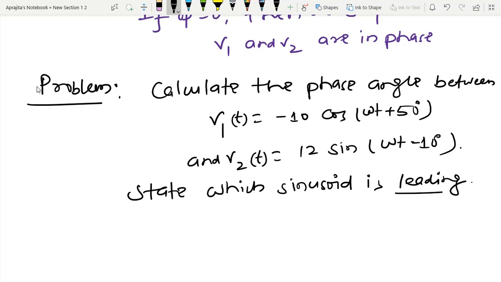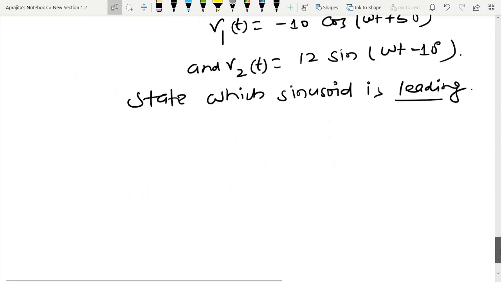The phase in the first signal is positive, however the phase in the second signal is negative, but the frequency omega is the same for the two signals V1 and V2. Before talking about leading and lagging, we have to consider the following steps.